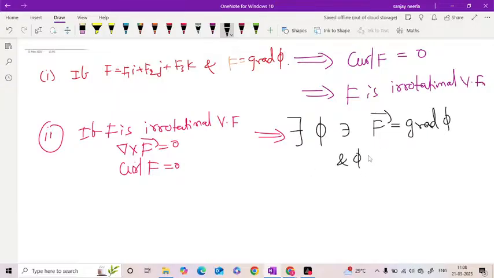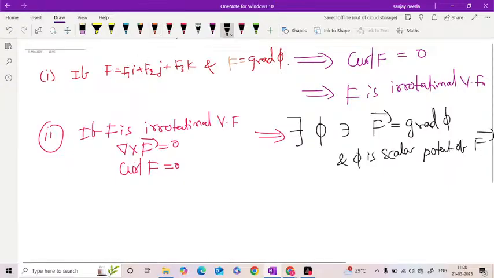And here phi is called the scalar potential of F. It is the second point. Now what is the third point?